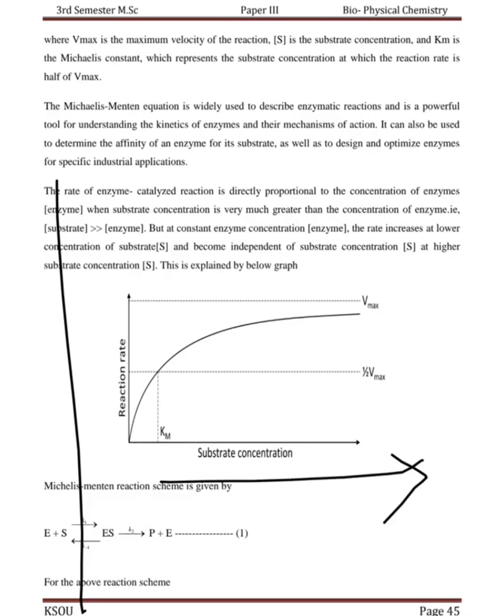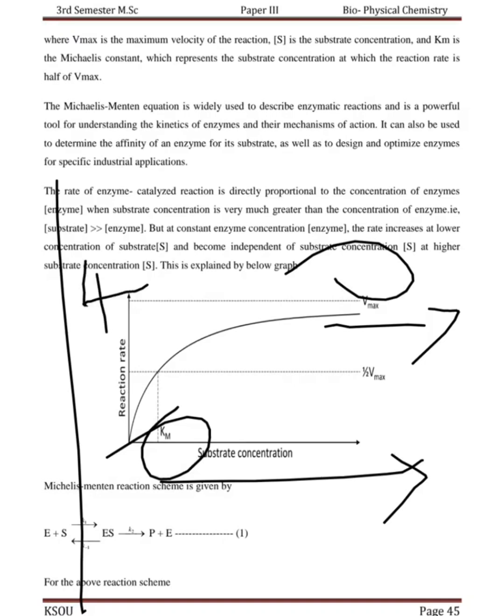Half of that Vmax is known as the Michaelis constant. For example, if the rate of reaction is 4, half of that will be 2. For that 2 you are going to plot on the graph, and you are going to calculate the Km. That is the Michaelis constant.